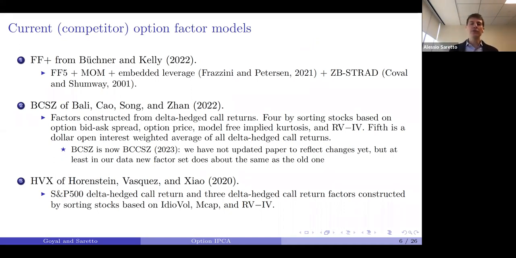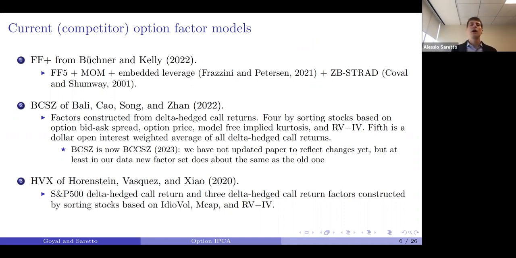So what do they do? They construct factors in the flavor of Fama and French. Those are constructed directly from delta hedge call returns by doing some double sorts. They have an option beta spread factor, some sort of a liquidity proxy.